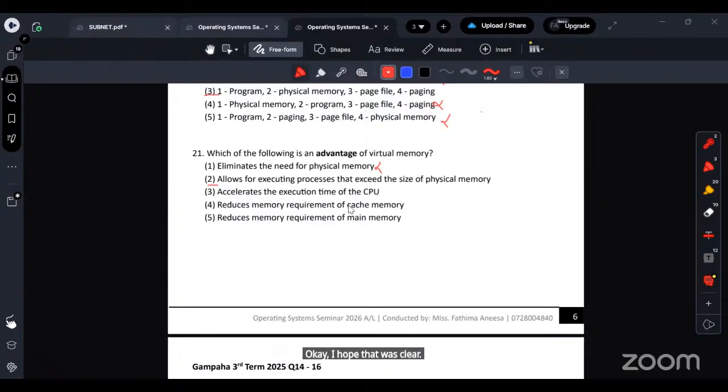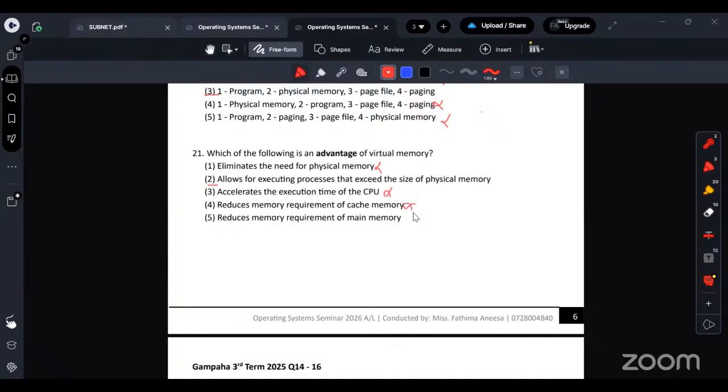So why is option 3 wrong? Accelerates the execution time of the CPU. It's wrong. Accessing data from secondary storage is significantly slower than accessing RAM, right? So that is also wrong. It reduces memory requirement of cache memory. Virtual memory and cache memory serve different purposes.